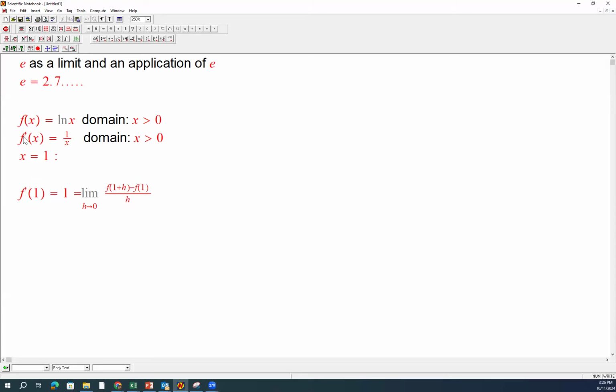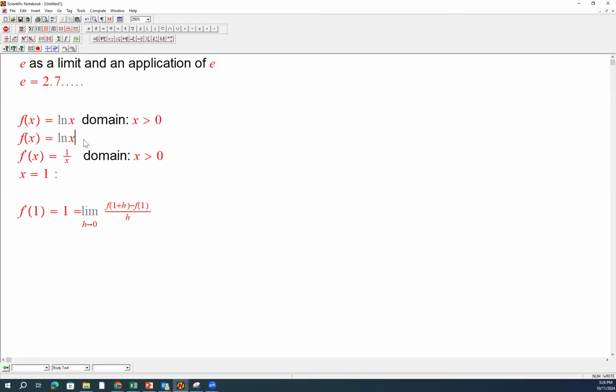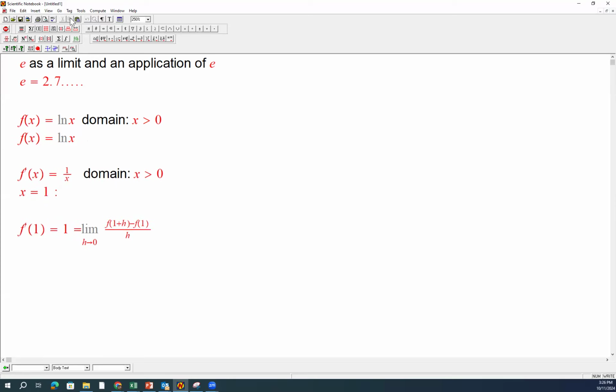So let's see what their values are. We know f of x equals ln x, so we just put it in here. For f of 1, we replace x by 1, of course. ln 1 is equal to 0.